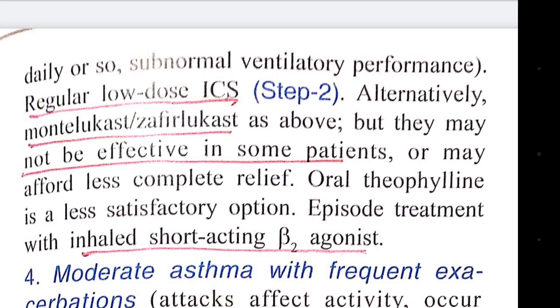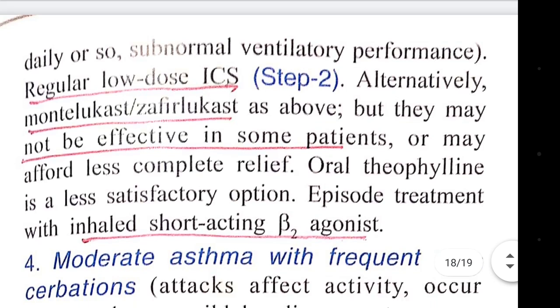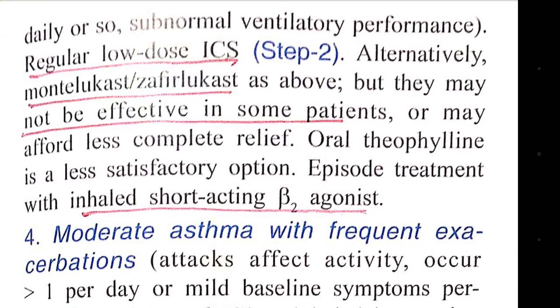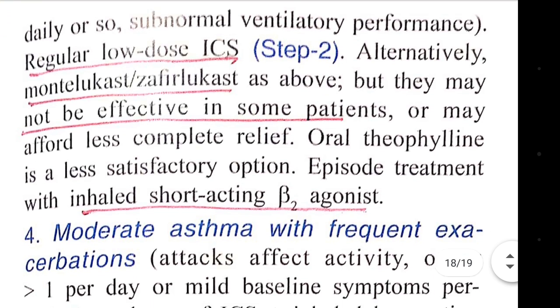I'll tell you, montelukast and zafirlukast are leukotriene inhibitors. They may not be effective in some patients, however. Which ones? Montelukast and zafirlukast. Now, oral theophylline is a less satisfactory option.